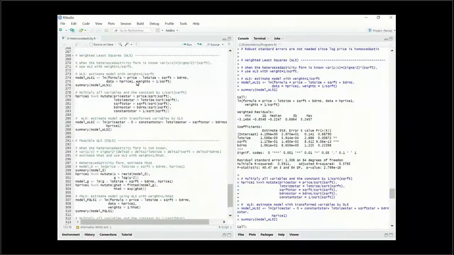And here's the new thing that we're going to be using: weights equals 1 divided by square footage. So here is how we do weighted least squares. We just put weights and what the weight is equal to, and that's going to give you the weighted least squares. When we estimate this model, these are the results that we see here for the weighted least squares.